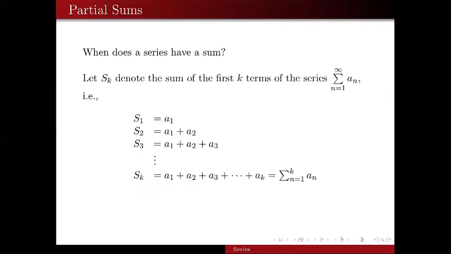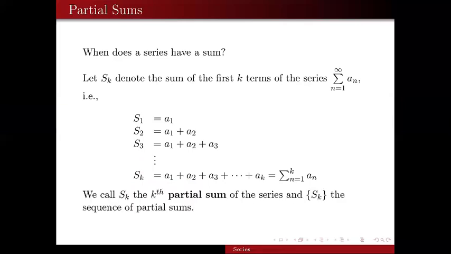Now, this S sub k is called the kth partial sum of the series. Partial, so you only add partially. Now, you have the S sub k.